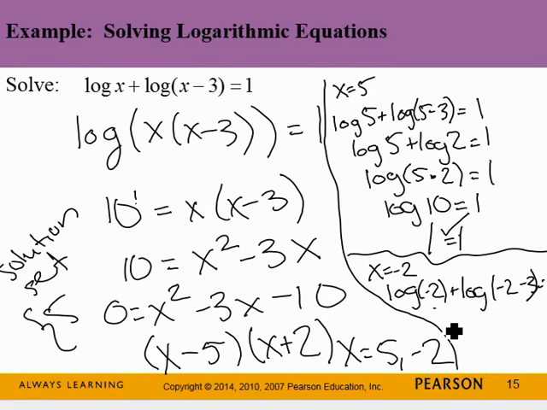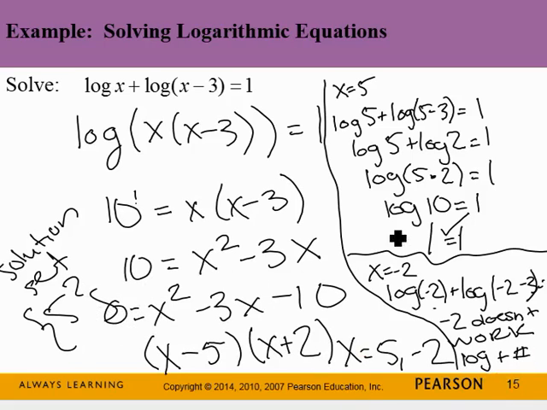You cannot do -2. Your log is only positive numbers. So -2 doesn't work. So your solution set is just 5. This is why you want to check. It's really important to make sure that your numbers will actually work in the problem.